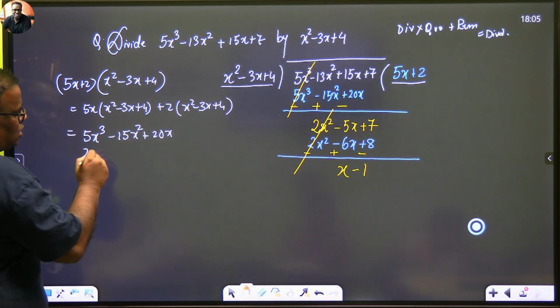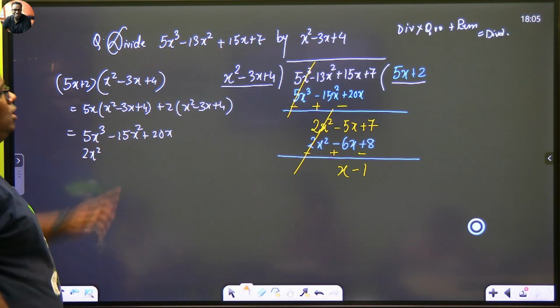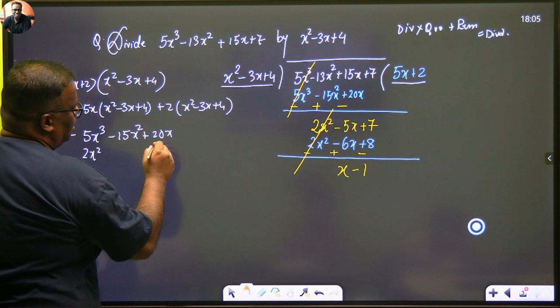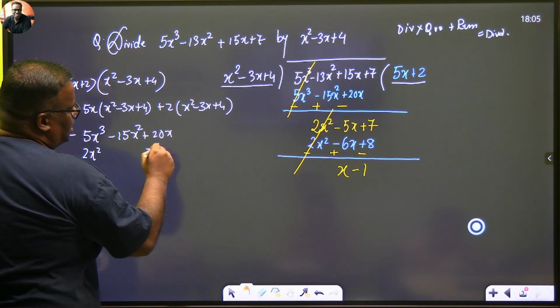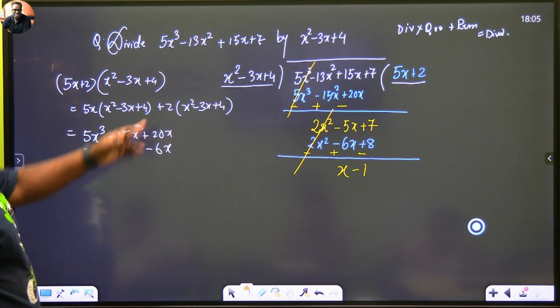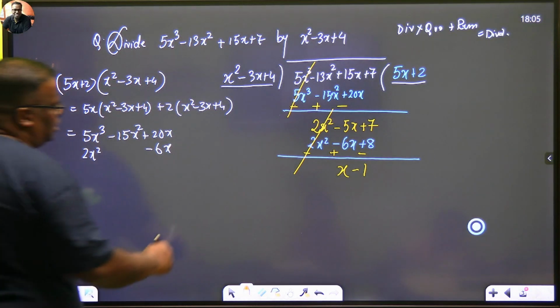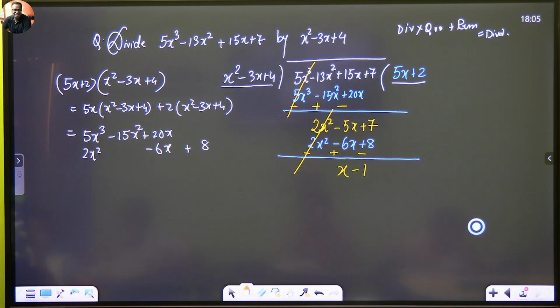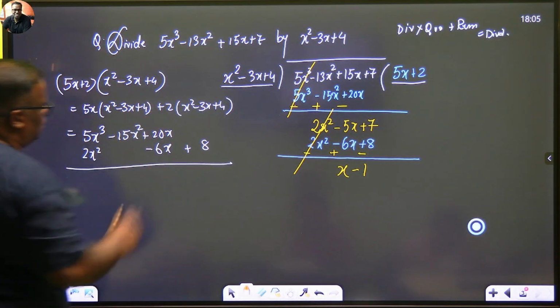2 into x square will be 2x square, so I'm putting the 2x square right below it. 2 into 3x is negative 6x. And 2 into 4 is how much? 8. I'm putting the 8 here because there was no like term.